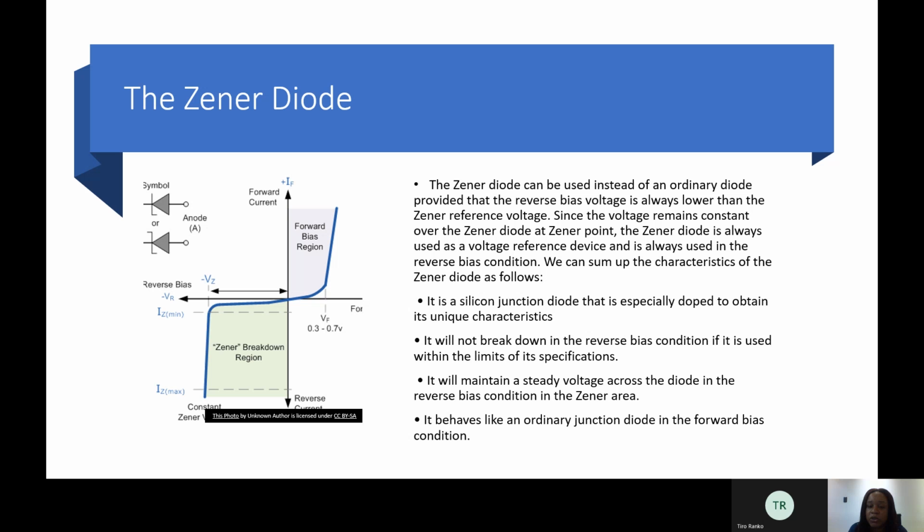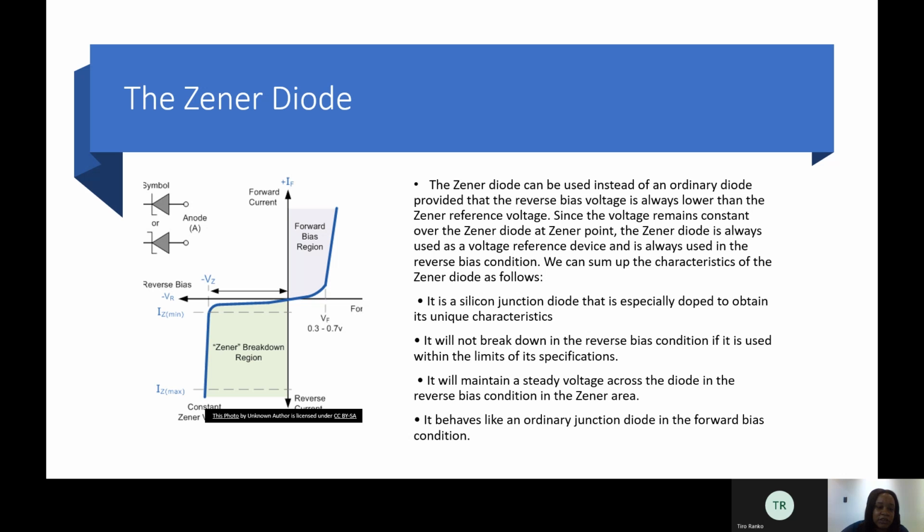It can be used instead of an ordinary diode, provided that the reverse bias voltage is always lower than the Zener reference voltage. It is mostly used in the reverse bias section, because its forward bias is just like the ideal diode, but in reverse bias it's different.